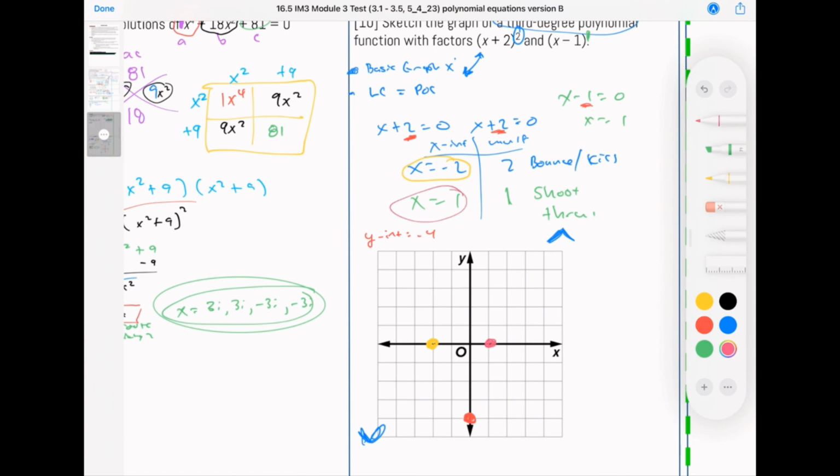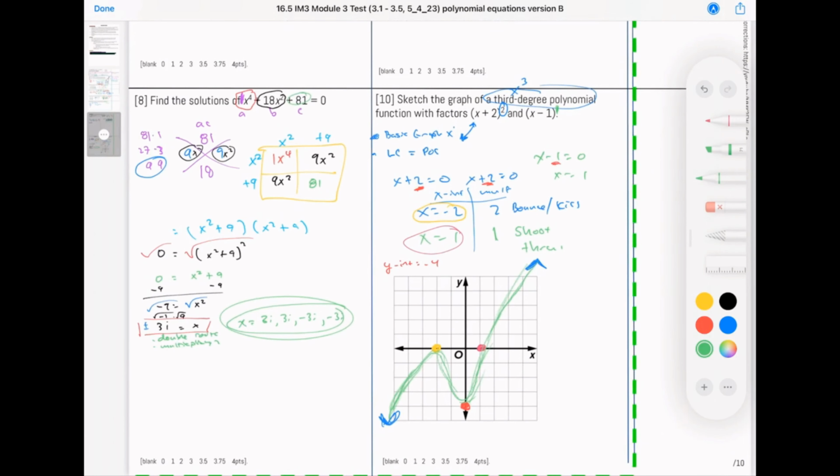We're going to go left to right. So yellow, we're going to bounce. And we're going to shoot through there. So my graph's going to look something like this. Okay? Hopefully that was helpful. See ya.